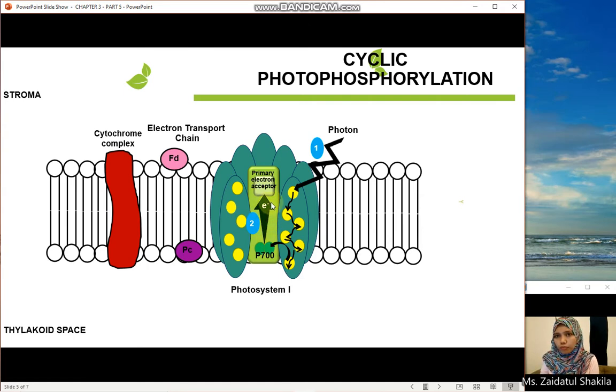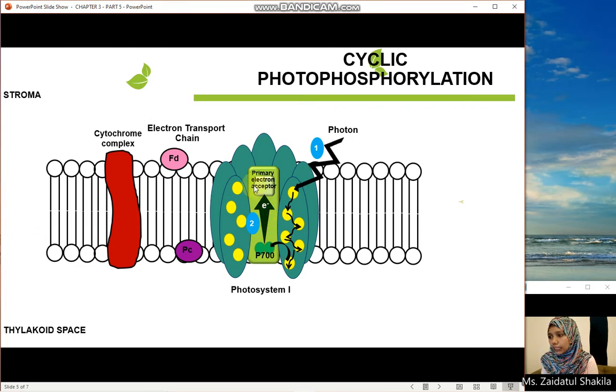The excited electron from P700 is transferred to the primary electron acceptor, causing P700 to oxidize, forming P700+. But there is no photolysis involved here, because eventually the electron that is missing from P700 will be replaced by the electron itself. So what happens to the electron in the primary electron receptor?